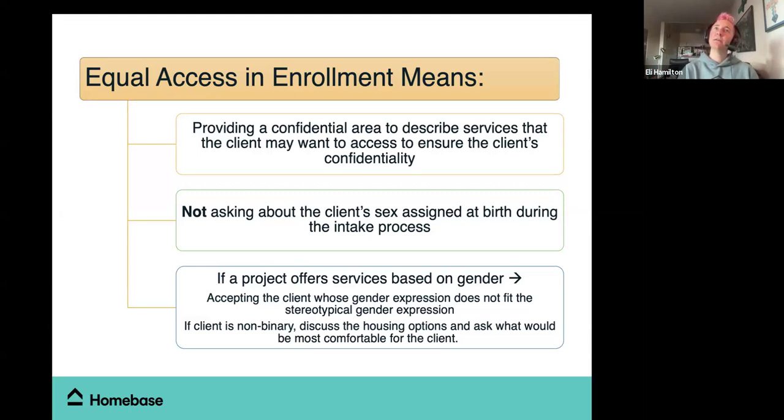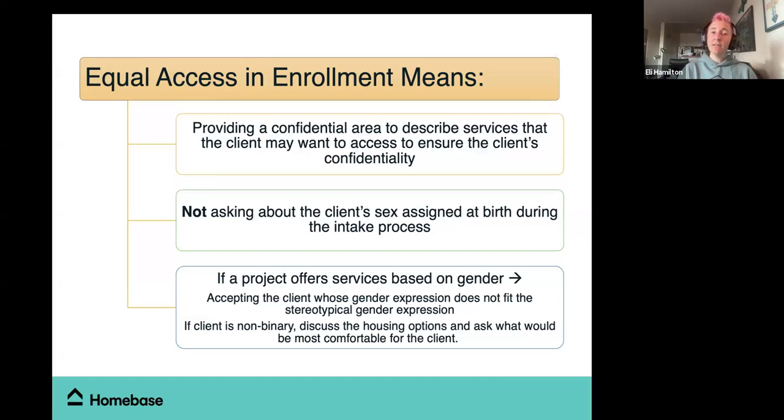In general, I know it's a good practice to do intake or enrollment conversations, any kind of case management conversations, in an area that feels and is confidential, that provides privacy. I know that not everybody has the opportunity to do that. I know a lot of shelter setups really aren't built for that.